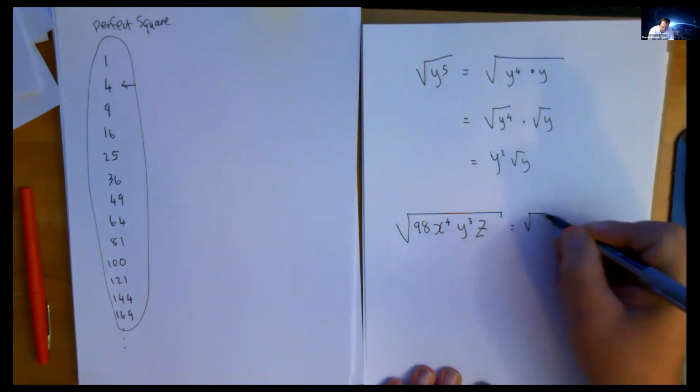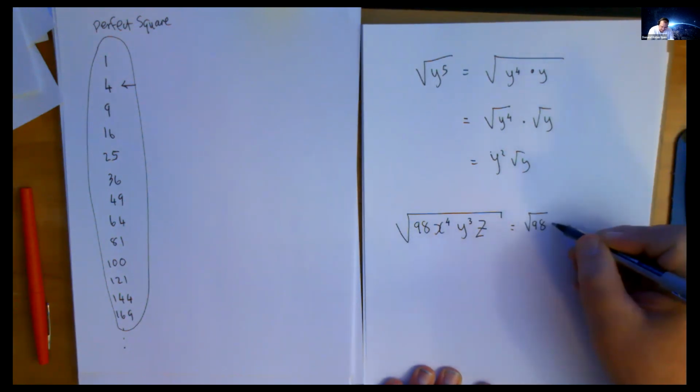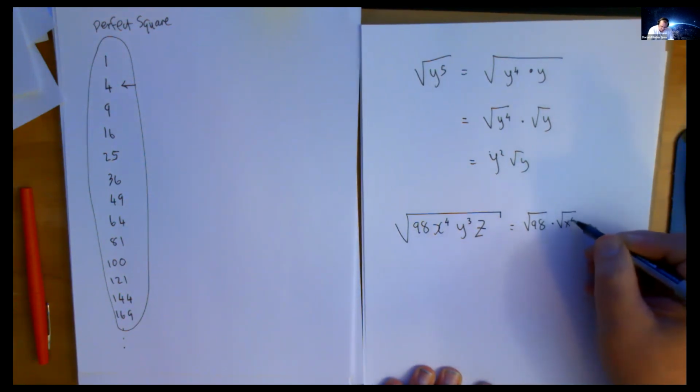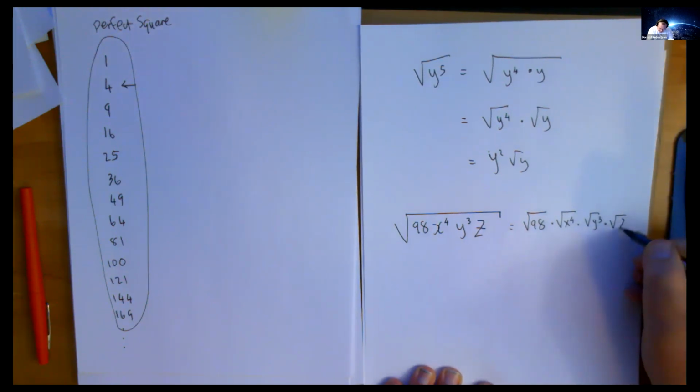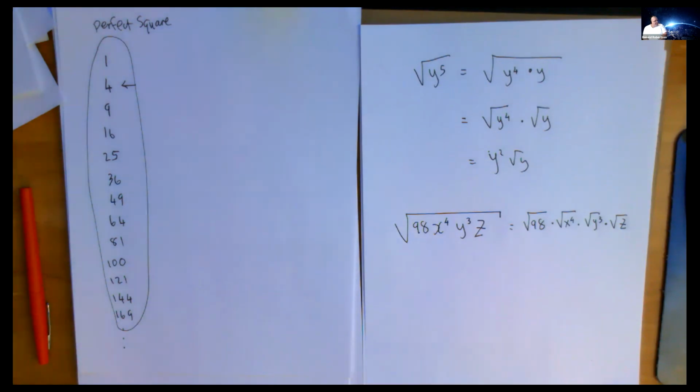Stage 1, I am going to separate all of these terms into their individual bits. And then I just work on each one separately. And at the end, we'll put the mess together. So that's the strategy for these ugly, extra ugly square roots.